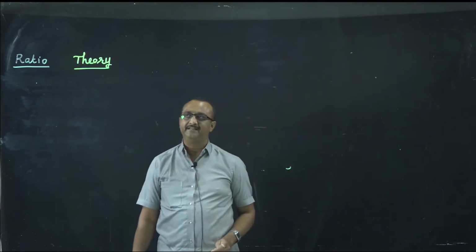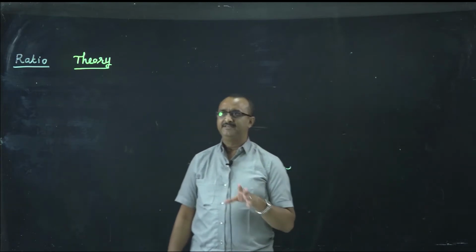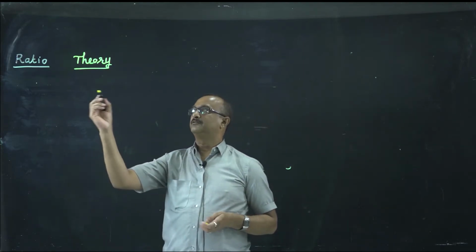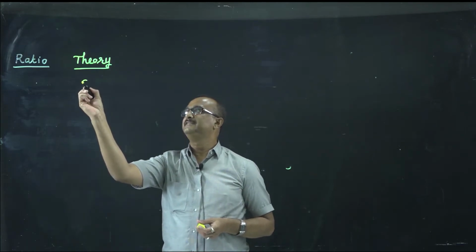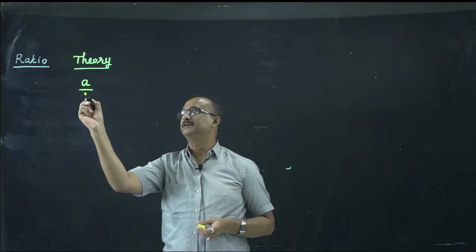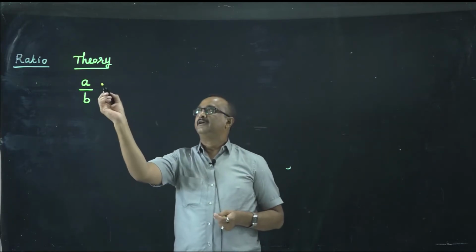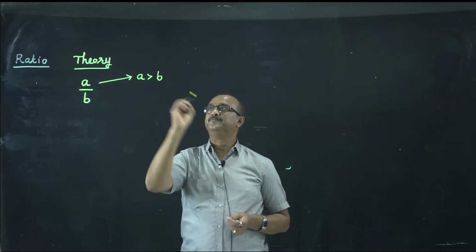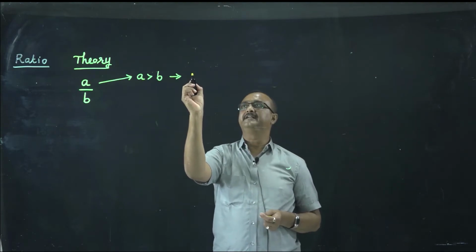Okay, now we are taking some theoretical points of ratio. See, some of the points are not given in our module, so concentrate here. If a ratio is given in the form A by B or A is to B, and A is greater than B, then it is called greater inequality.